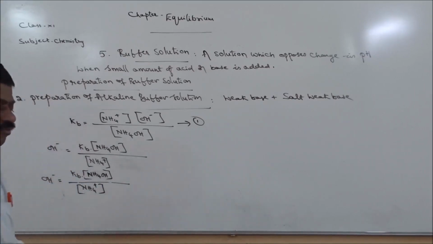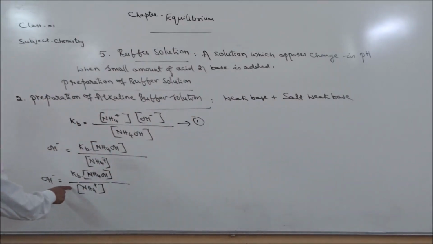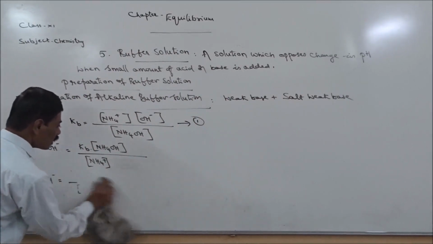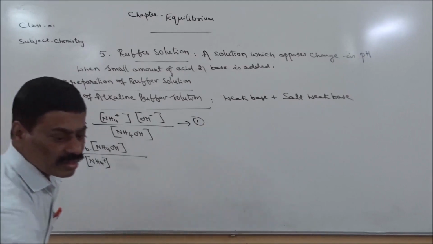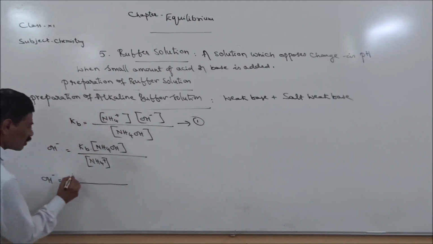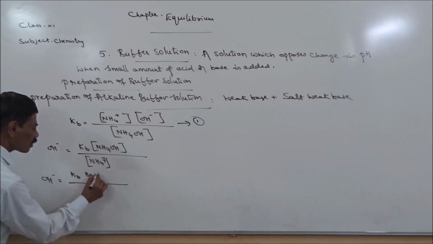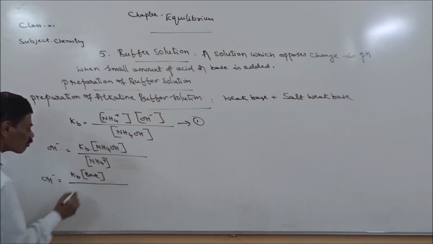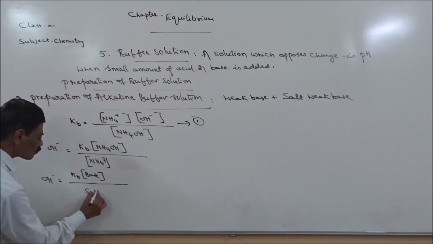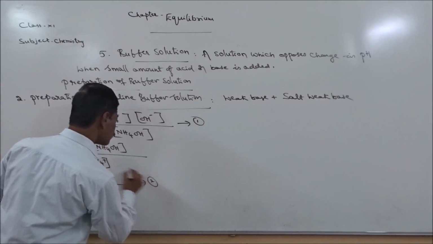In place of NH4OH, I will write base. In place of ammonium cation that has come from ammonium chloride, there I will write salt. So the equation will be generalized. It can be applicable to any base. So I will write Kb, and in place of NH4OH I will write base, and in place of NH4 plus I will write salt. Right, let this be equation number 2.